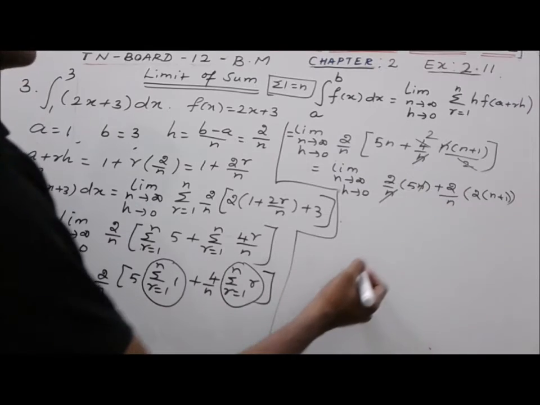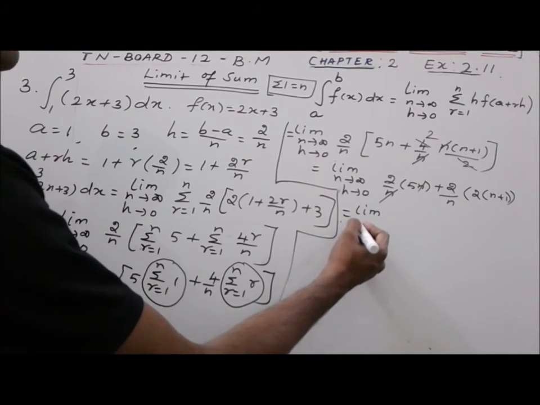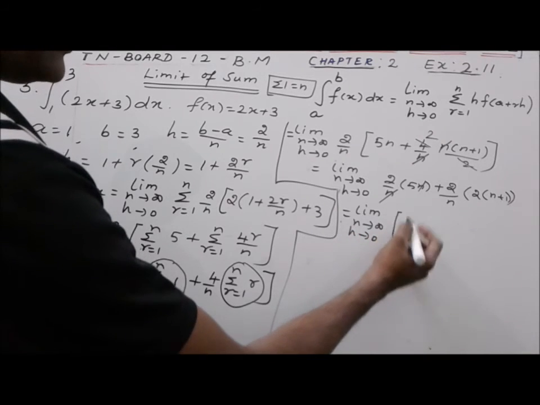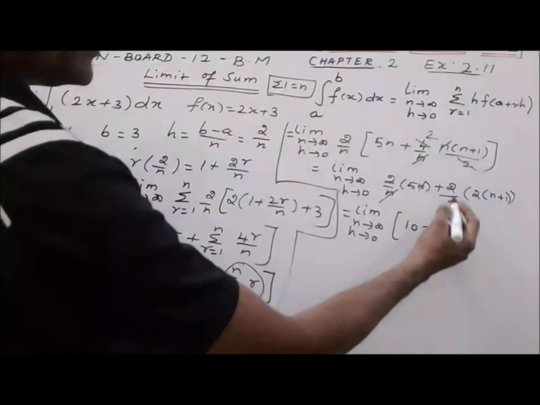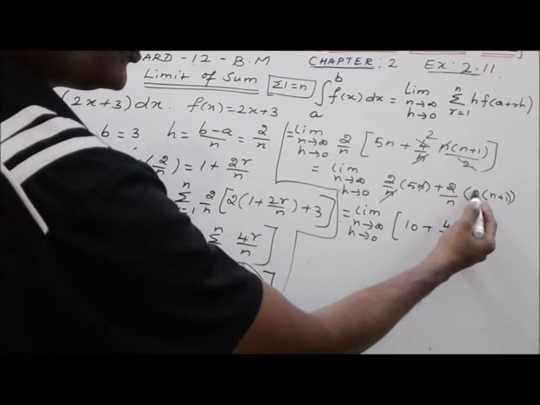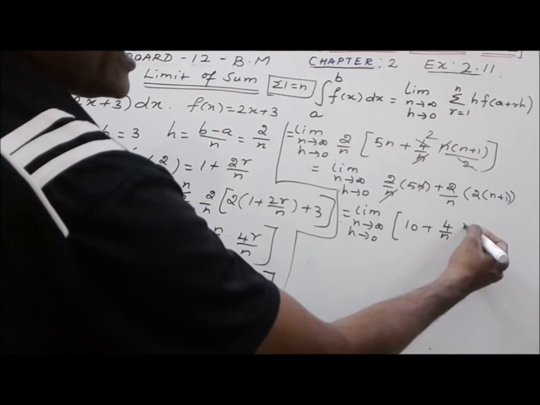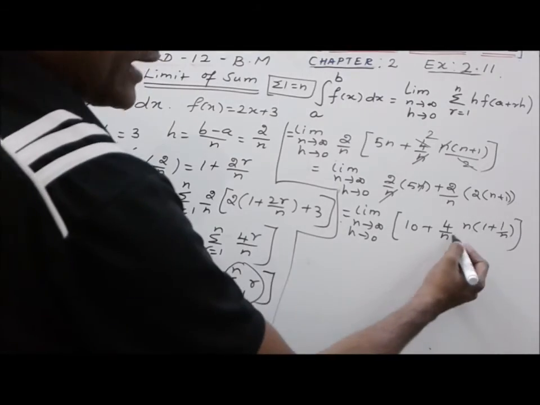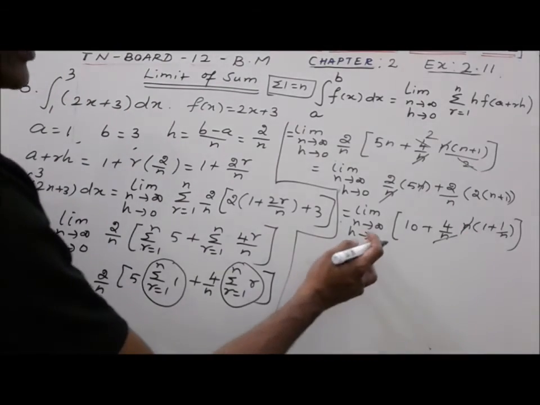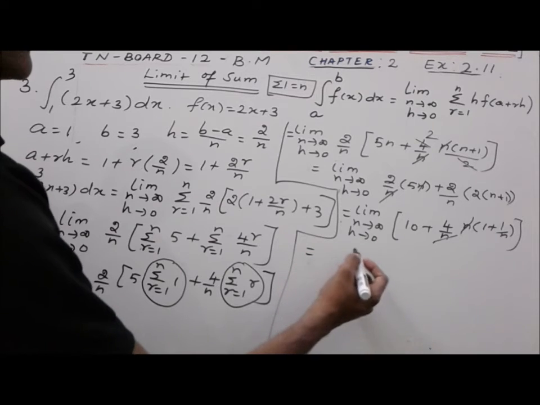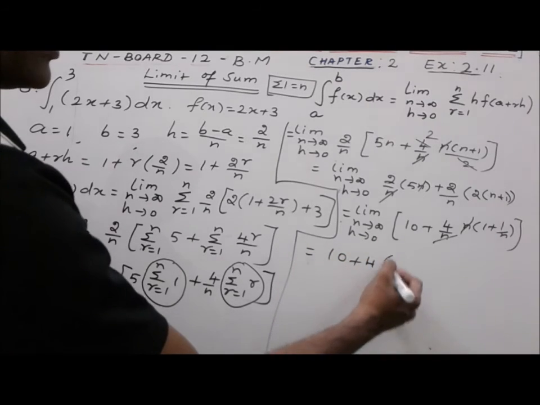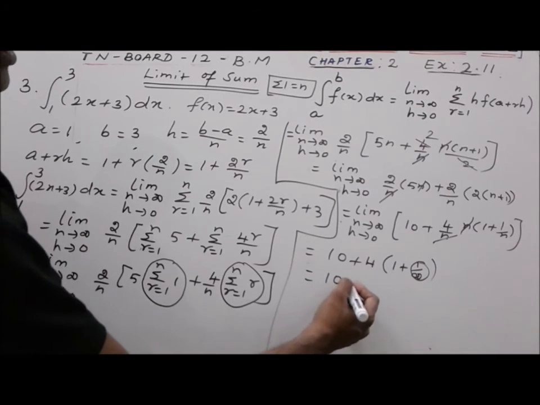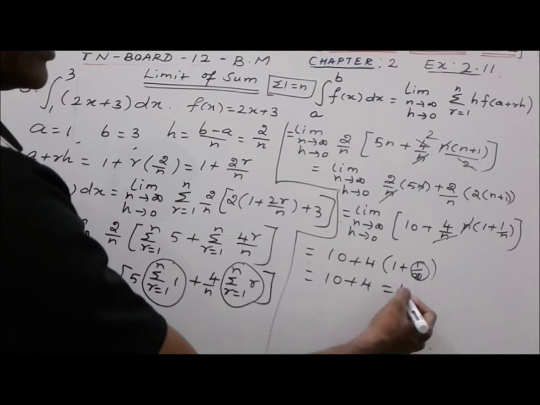Now cancel the n, and it is equal to the limit of 10 + 4/n times (n + 1). Taking n as common from these two terms, 1 + 1/n, we can cancel these two n again. Now substituting n tends to infinity, 10 + 4 times (1 + 1/infinity), and this is 0. That is equal to 10 + 4 times 1, which equals 14.